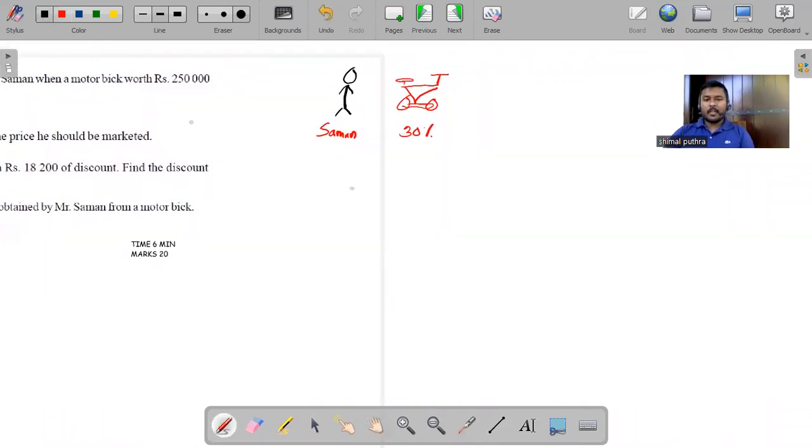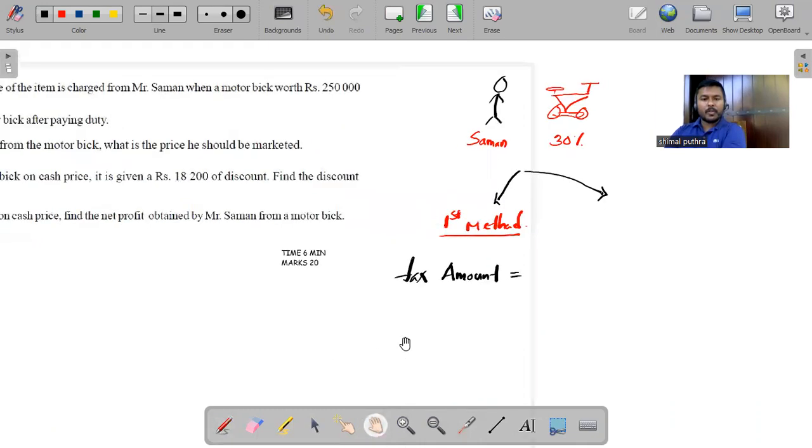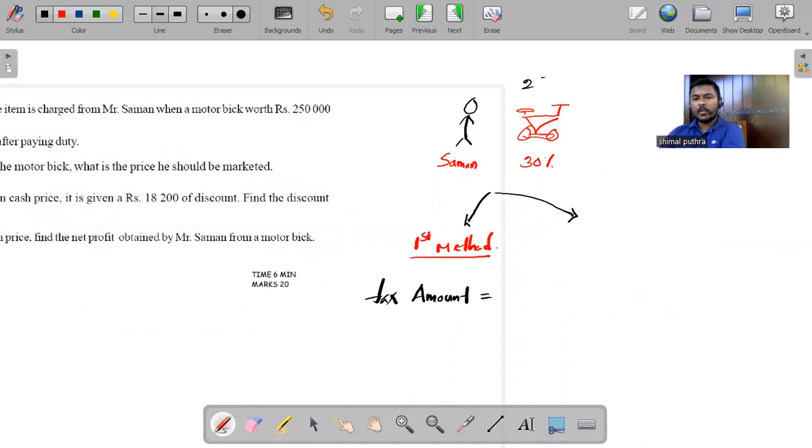We discussed this with two methods in the previous video. First method, can you remember? First method, we found the tax amount. That is based on the valuation. They mentioned the value of the motorbike was 2,50,000. That means 250,000. The tax amount should be based on the valuation.